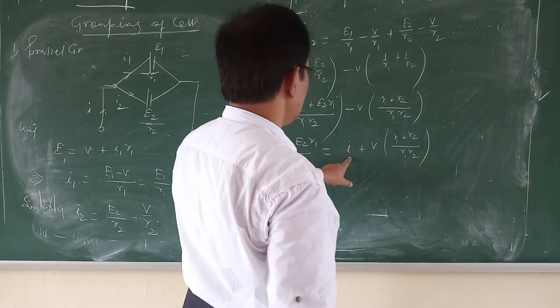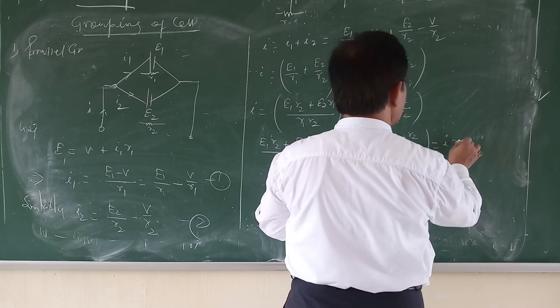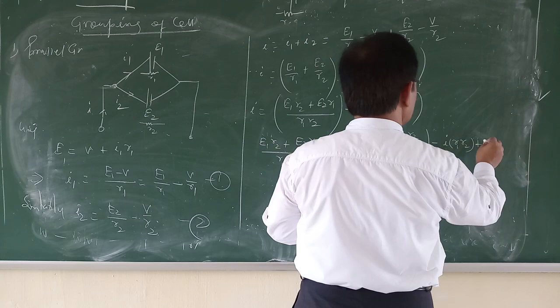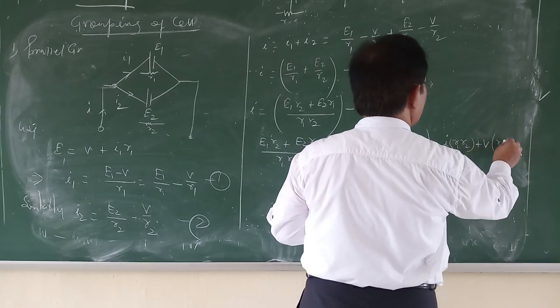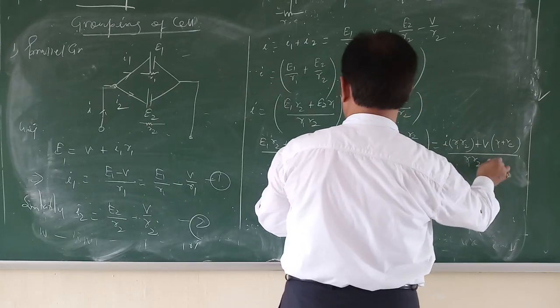So this term can be written as I R1 R2 plus V (R1 + R2) divided by R1 R2.